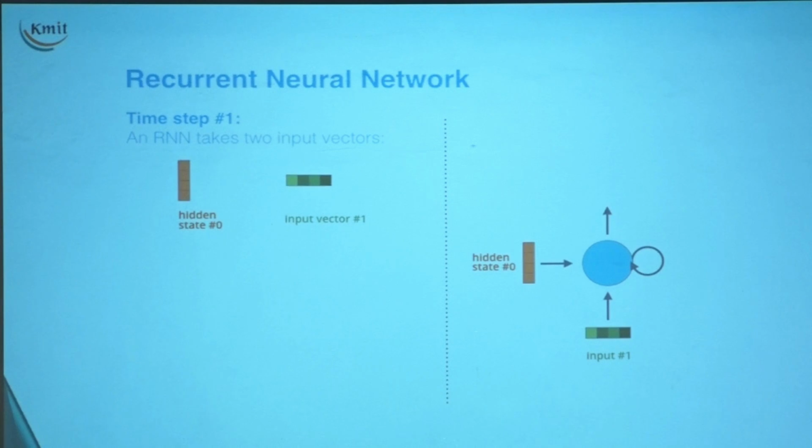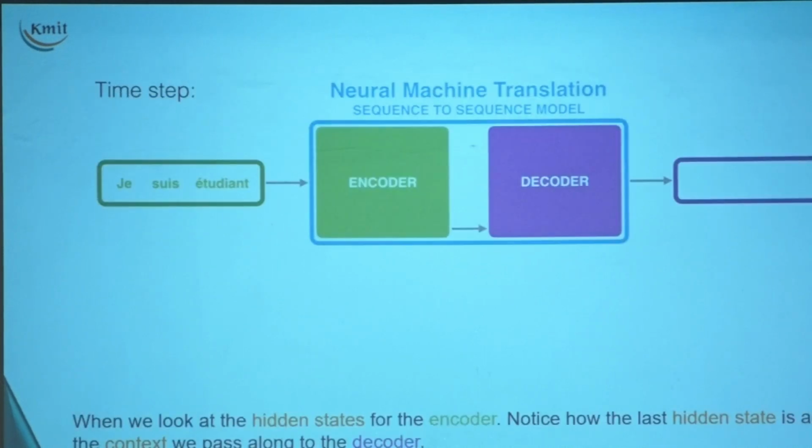So what does the decoder do? The decoder takes this context vector as input and generates what? "Main ASHA hoon." Are you all clear? Yes or no? Okay. So this is what we have seen. At each time step, the neural network will process each word. As you can see, in the first hidden state, the first word would be processed.